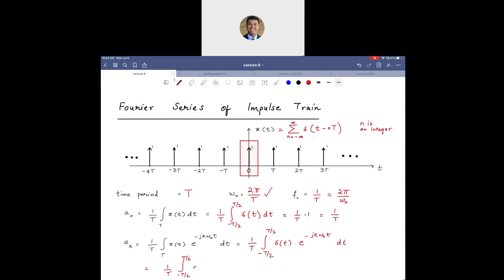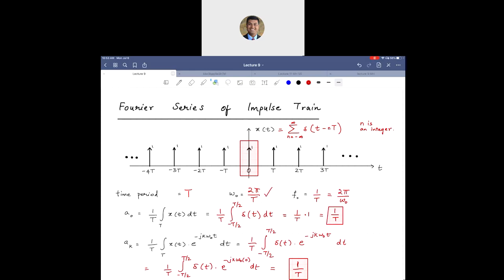Then I have delta of t that remains as is. Then I need to evaluate e to the j k omega naught 0, dt. What do I have here? This is going back to a sub 0, which means this will evaluate to 1 over T again. That's it. So I have a sub k as 1 over T in the general case as well as for a sub 0.